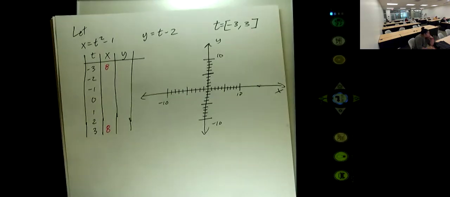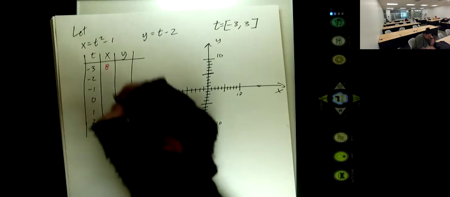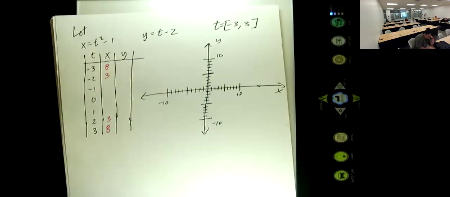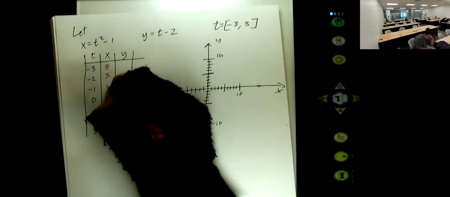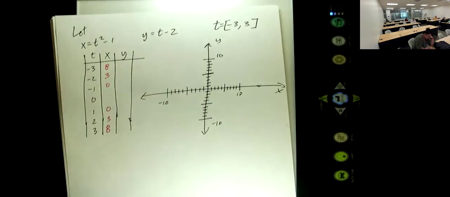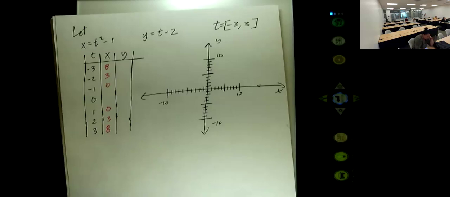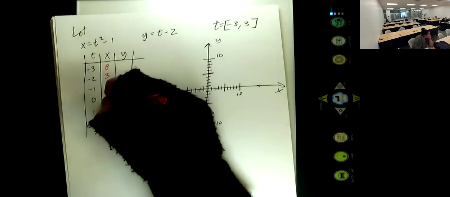If I do the same thing for -2 and +2, I get 4 minus 1 is 3. -1 or +1 squared is 1, and when I subtract 1, I get 0. And if I'm sticking in 0, the t goes away, I get -1.